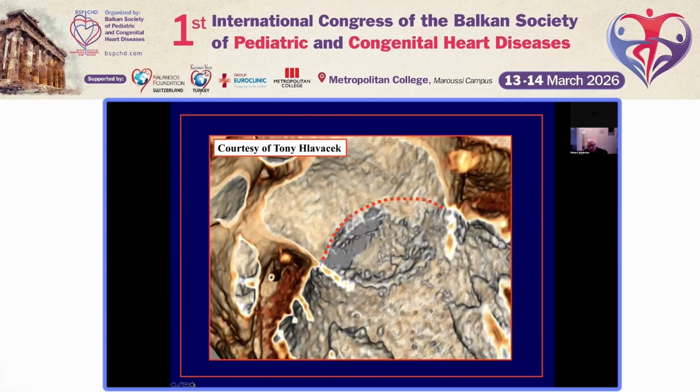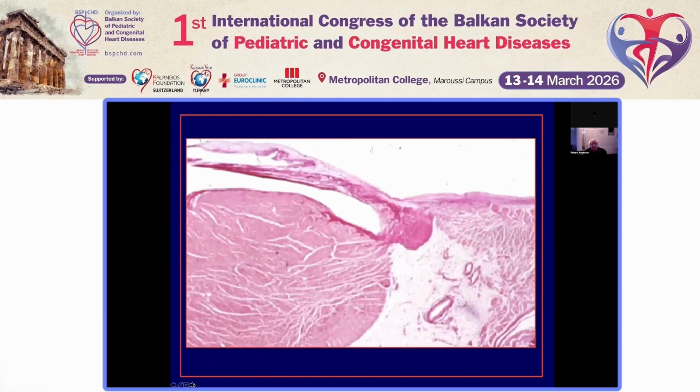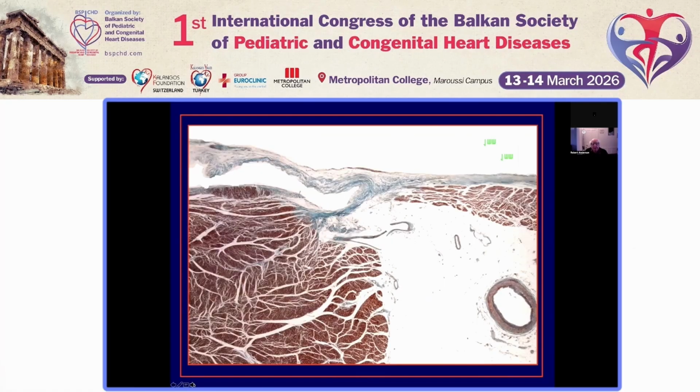But let's turn our attention now to the mural junction, again beautifully seen in the image lent to me by Tony Levarchek. There you see the hinge of the mural leaflet at the atrioventricular junction. And in places along that junction, we do indeed find a thick fibrous support, which we can call an annulus, but elsewhere in the same junction, we can find a shelf rather than a cord.